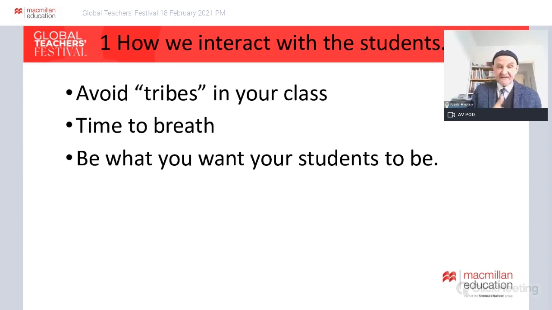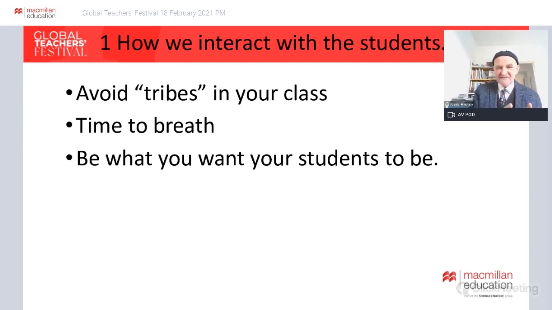Right, I think the main problem here is to avoid tribes in your class. Now, I'm sure you probably notice how aware they make themselves in the class, but at any level, from primary to secondary, even to an extent with adults, you get these little groups, don't you? You can either call them tribes or cliques, as some people like to call them, where there's one little set of students.